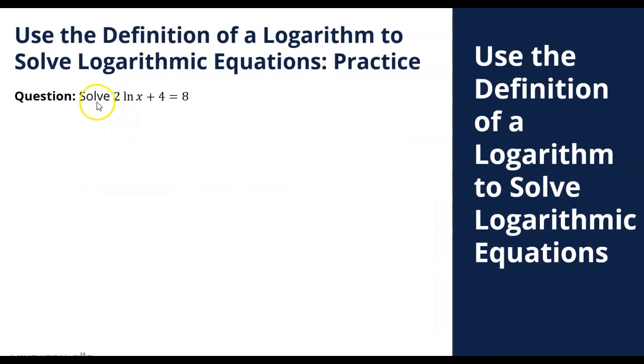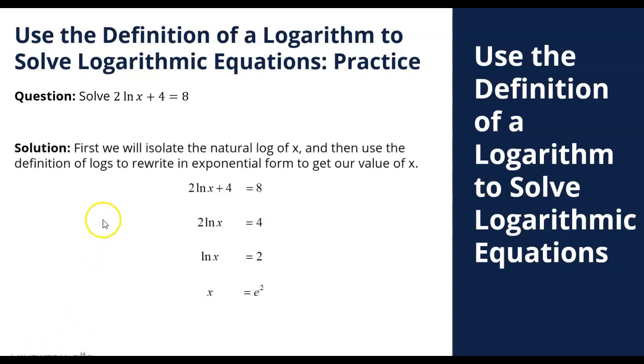For example, let us solve the given expression here. To do that, we first have to isolate the natural logarithm of x, and then we use the definition of logarithms to write this in exponential form to get our value for x. So first, we have this expression equal to 8.